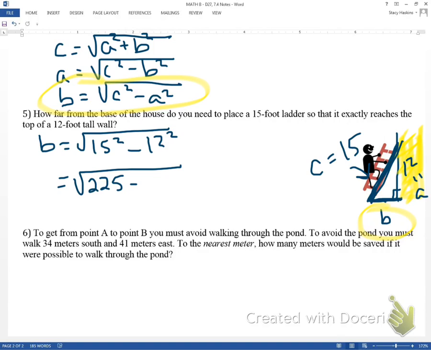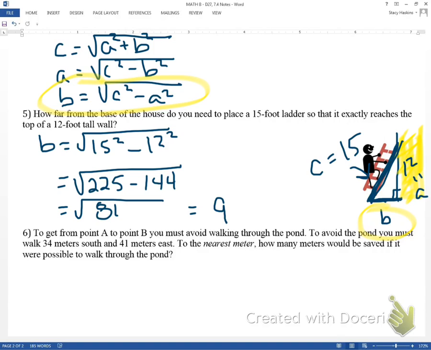Minus 12 squared is 144. So subtract those two, and you get 81. 81 is under 100. You should have that one memorized. The square root of 81 is 9.